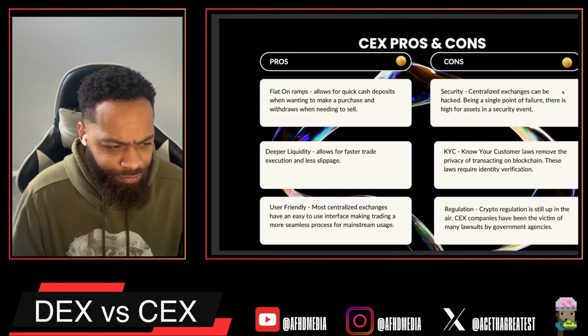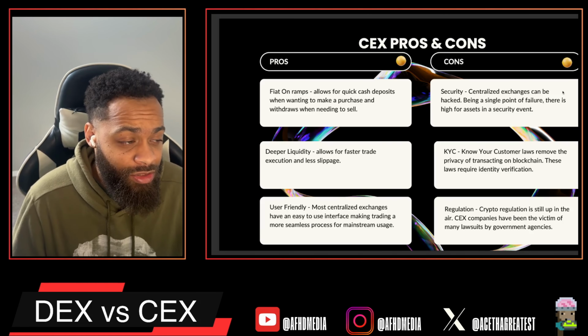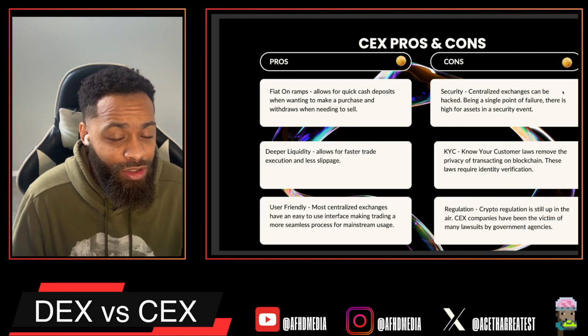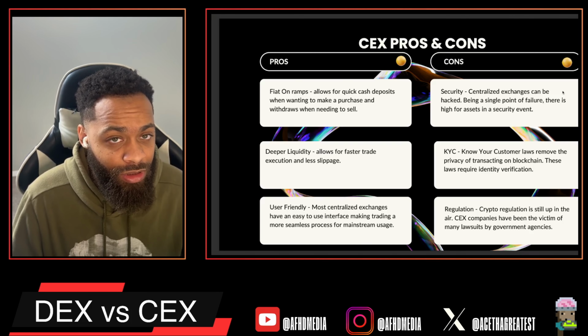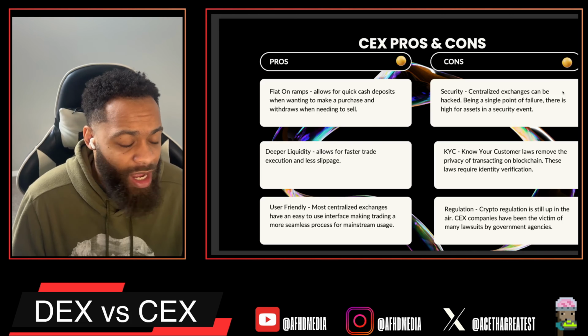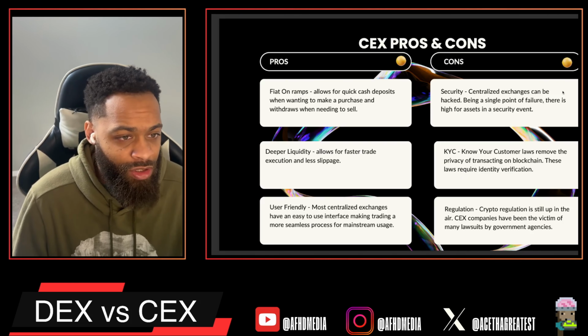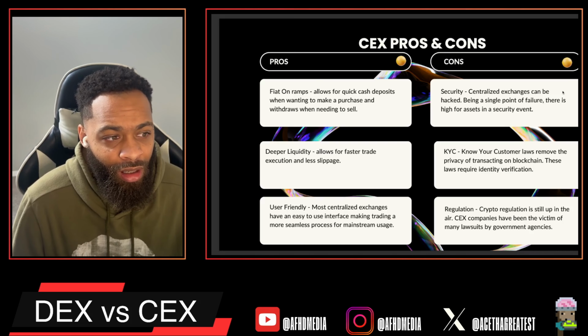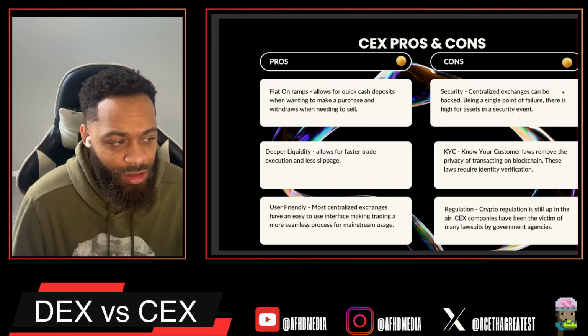Now, this doesn't apply to all centralized exchanges, but certain ones, especially the more popular ones, have deeper liquidity compared to a decentralized exchange. And deeper liquidity just allows for faster trade execution and less slippage. So you're paying probably the best price outside of platform fees and things of that nature.